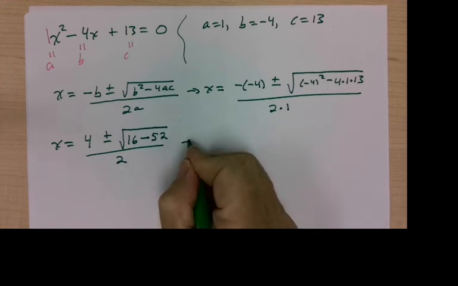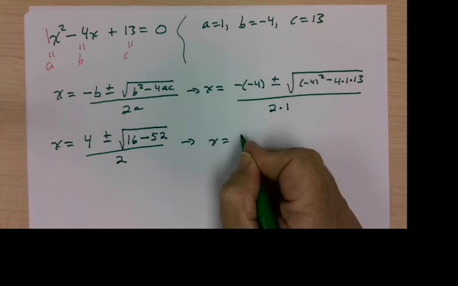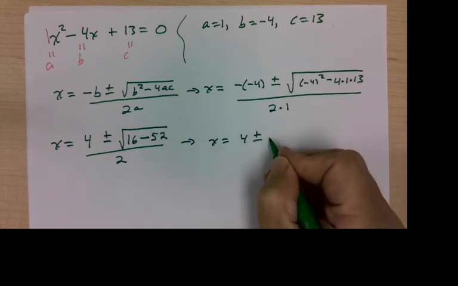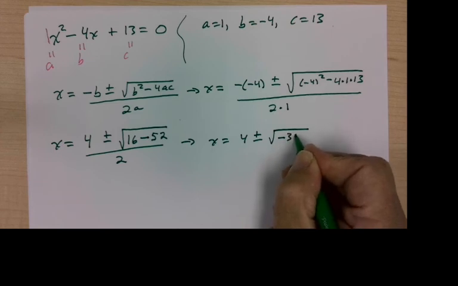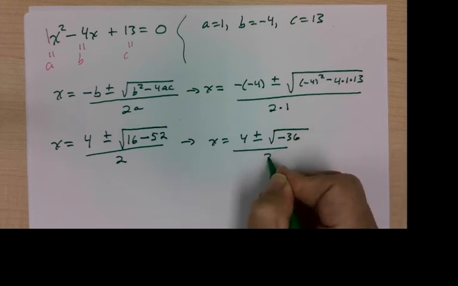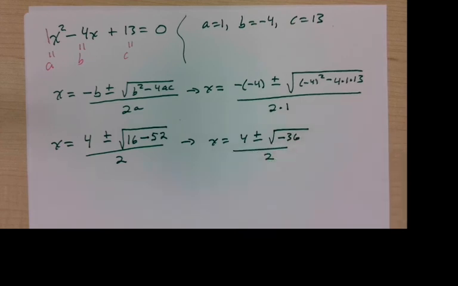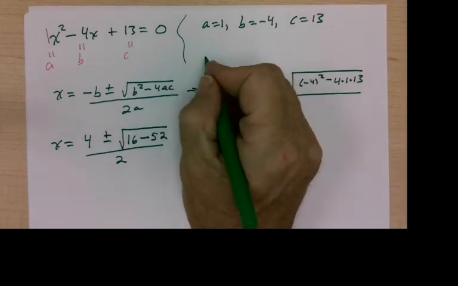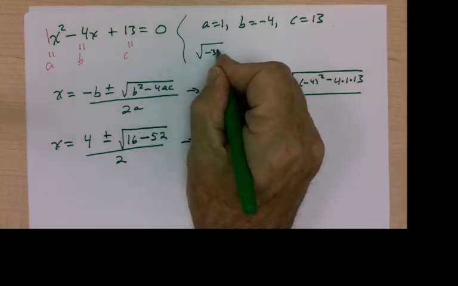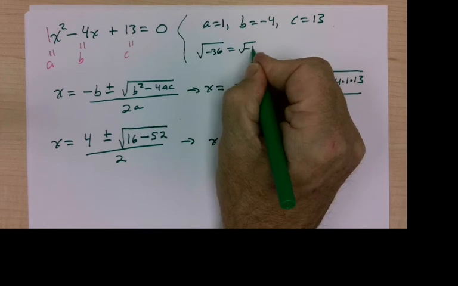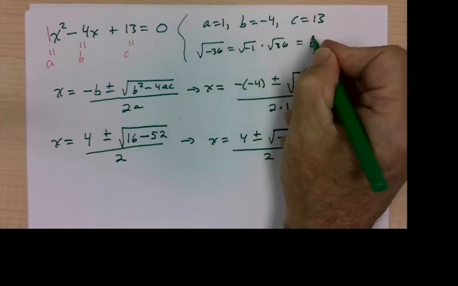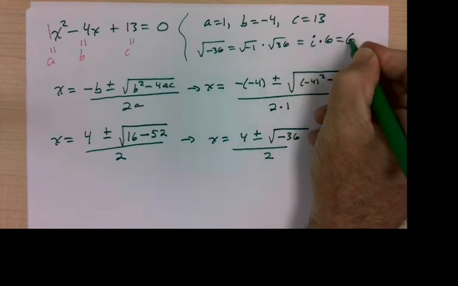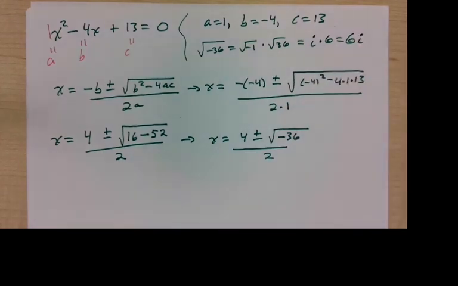So continuing with this, we get x equals 4 plus or minus the square root of negative 36 over 2. Now what about the square root of negative 36? What is that? Square root of negative 36 is the square root of negative 1 times the square root of 36, which is i times 6, which is 6i.